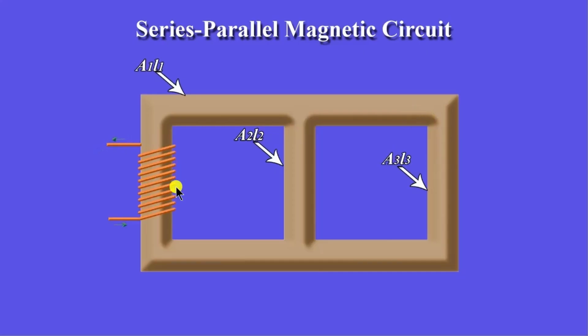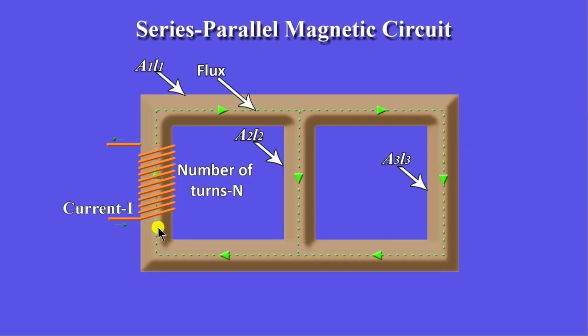When a coil with N turns is wound on this limb and we pass a current through the coil, a flux is developed which passes through the entire core. Here the total flux developed is phi1, which comes here and divides into two depending upon the reluctance of these two paths.